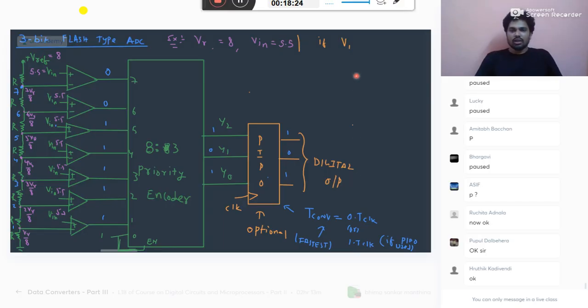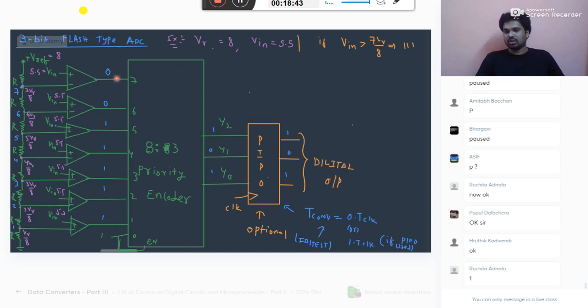If your input is greater than 7VR by 8, then you get all ones. So high priority goes to 7 only, because when it is more than 7, it is also more than 6, 5, 4, 3, everything. You get all ones. Next, if your input is greater than 6 but less than 7, you get 6 as the output.